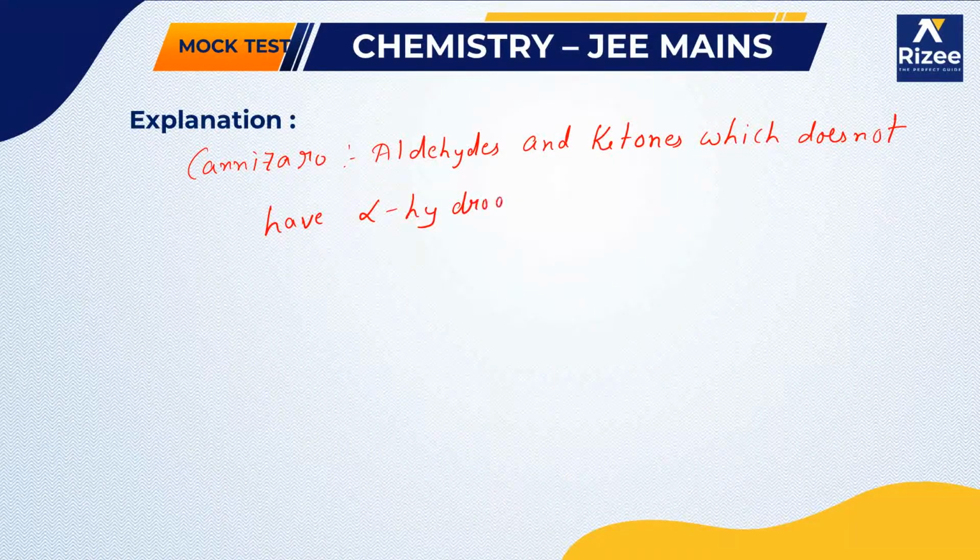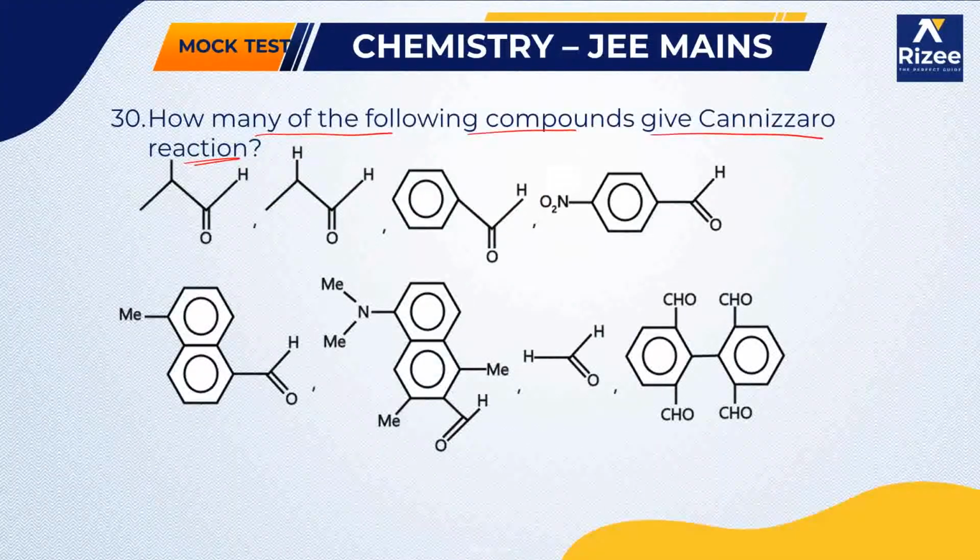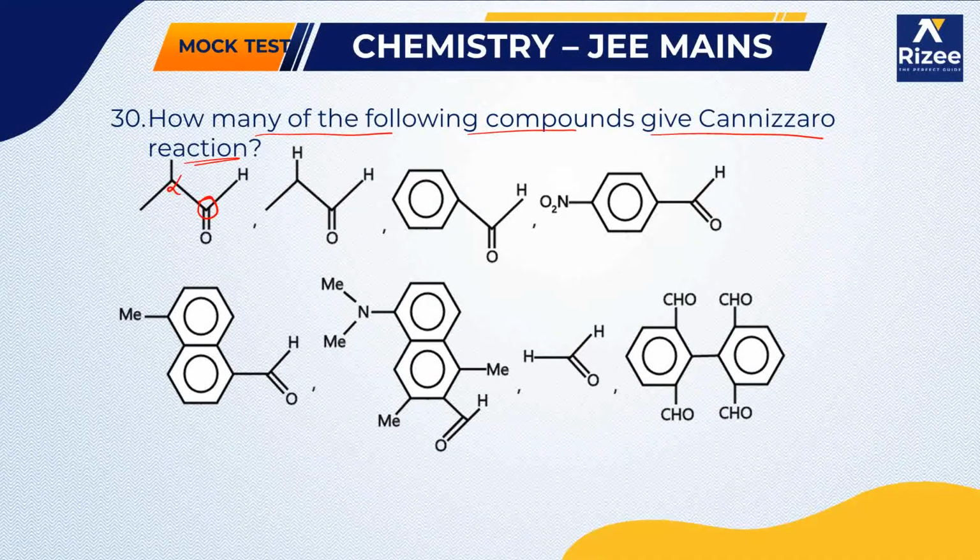So the carbonyl compounds which do not have alpha hydrogens can only show the Cannizzaro reaction. Here you can see this is the functional group and this is the alpha carbon, this is also the alpha carbon. This alpha carbon contains one hydrogen, so this will not show the Cannizzaro reaction. Here this is our functional group and this is the alpha carbon, containing one hydrogen, means this will not show the Cannizzaro reaction.